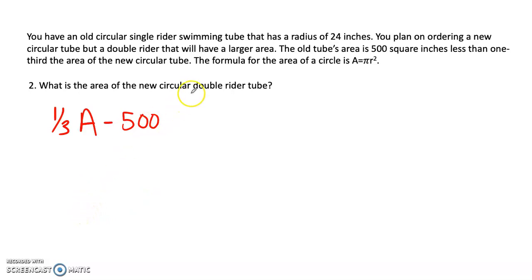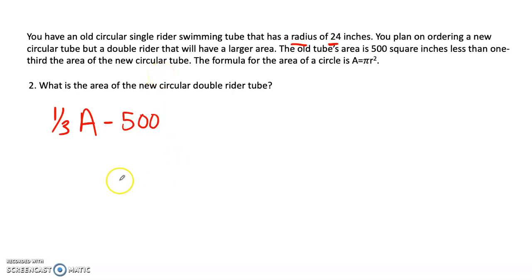We also know that we've got the radius of 24 inches for the single rider. And the single rider has an area of 500 square inches less than 1/3 the area of the new double rider.